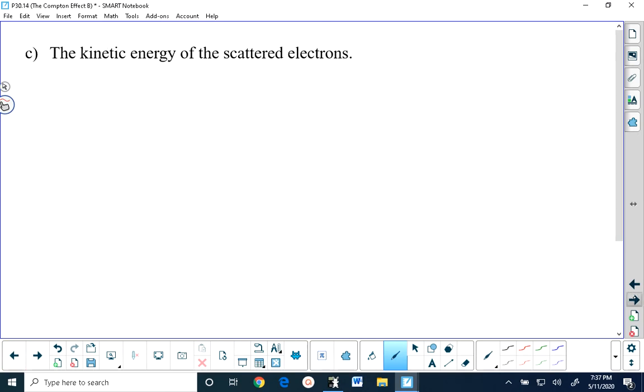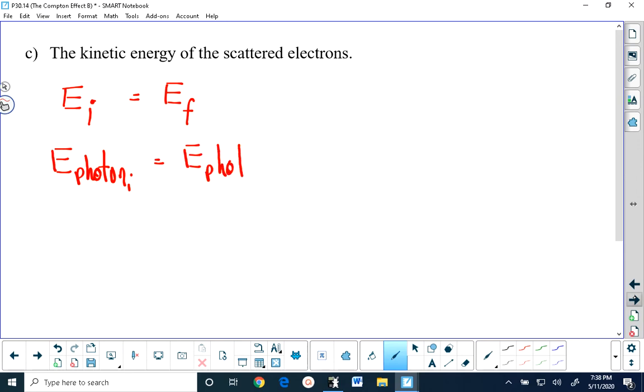In other words, we're talking about conservation of energy here. We're talking about energy before the collision and energy after the collision being equal. Before the collision, there is only a photon energy. After the collision, there is a photon energy and there is a kinetic energy of the electron.